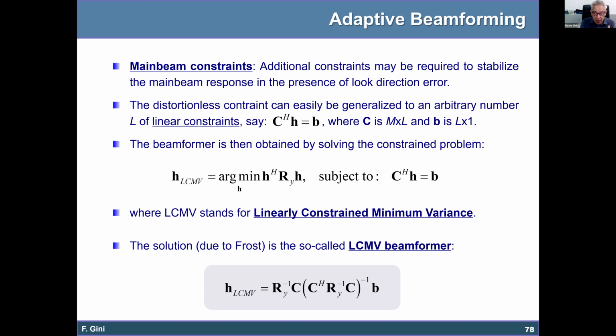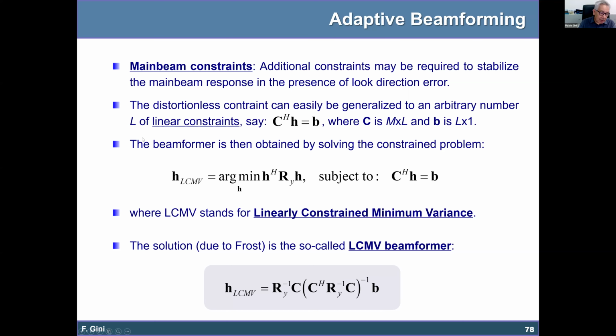This can be obtained by imposing multiple distortionless constraints, corresponding to angles that are very close to the steering direction. So, I mean, there are different reasons why we may want to impose multiple linear constraints.